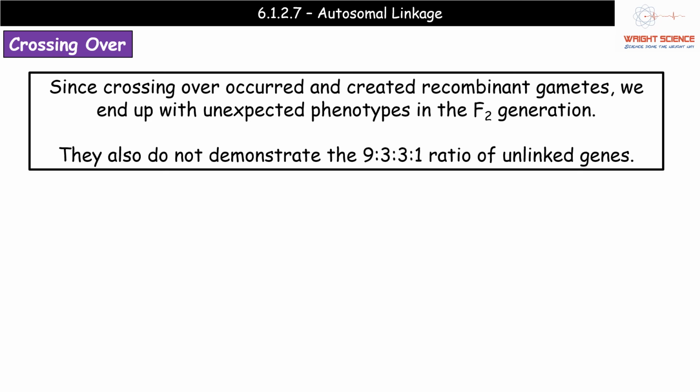So because we've now turned out a different ratio than the standard 3:1 that we would expect if it was autosomally linked without crossing over, and it's not the 9:3:3:1 ratio of unlinked genes being inherited at the same time, then what we can say is that these are autosomally linked and crossing over has occurred.